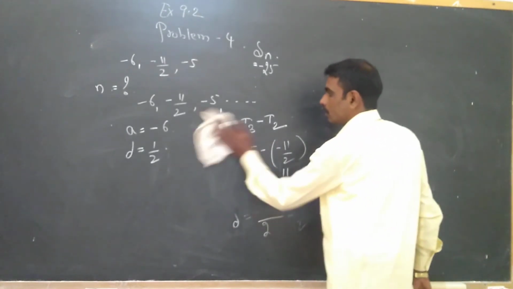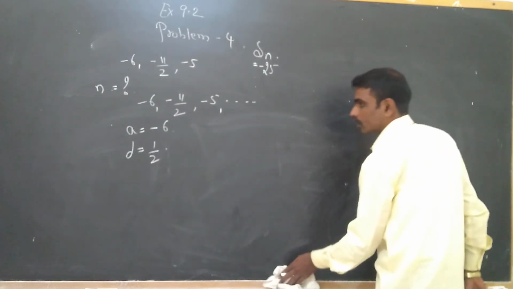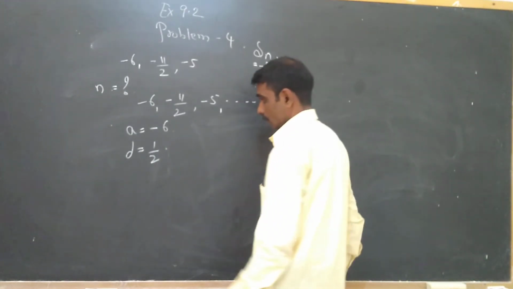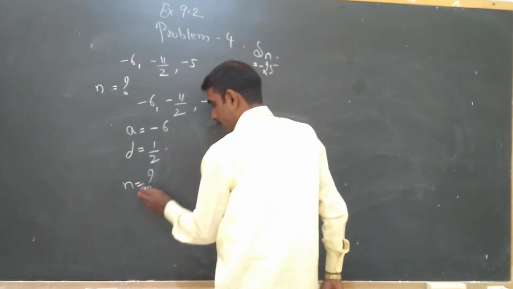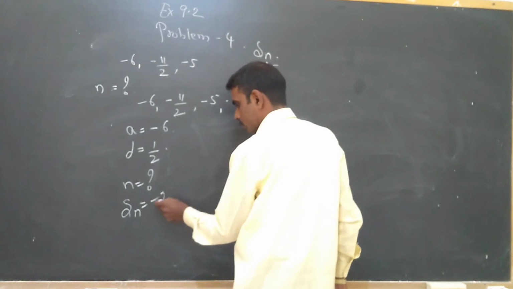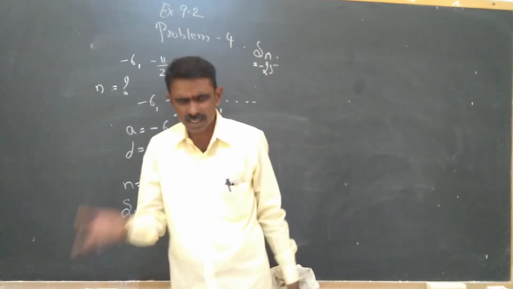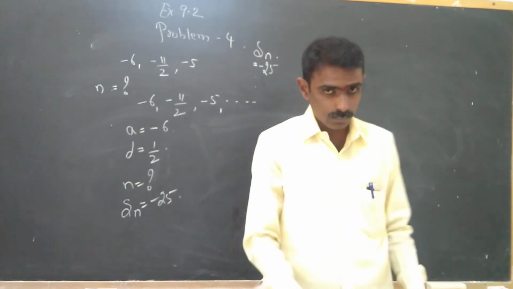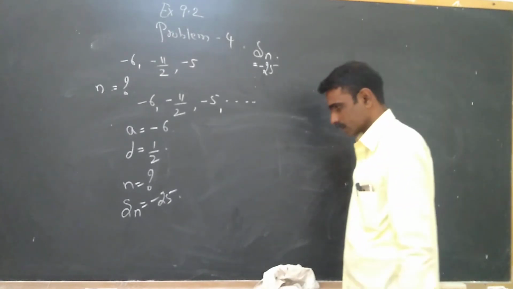Now, you come back to the problem. Here we need to find n, given Sn is equal to minus 25. Here remember, as in the last problem, we don't know what is the last term.